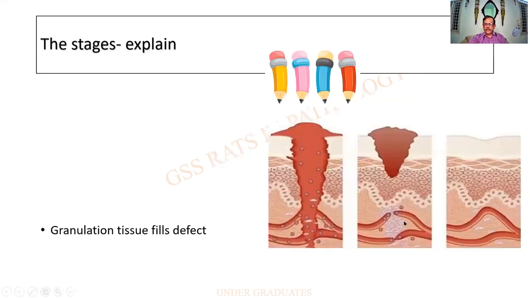The same thing is over here. The healing by first intention, continuing. So there is a hematoma. You find that this red one indicates RBC, which means a blood clot. And immediately it fills, it dries, it seals. So this is the first mode of protection by the body. Whatever be the wound, the body attempts to cover it. Later on, you find that the hematoma gets shrunken and there is a regeneration of the epithelium.